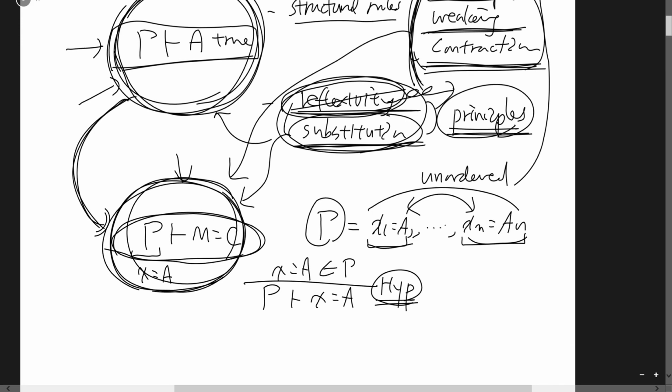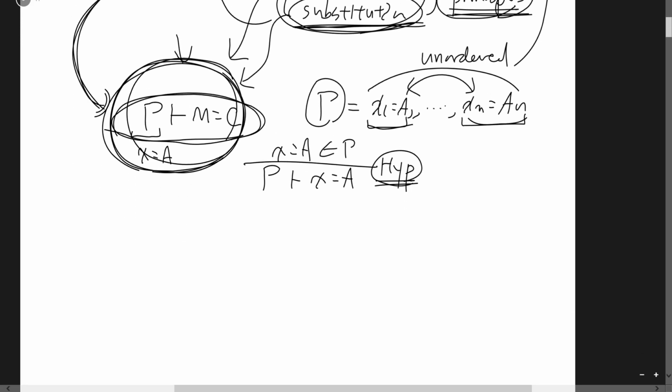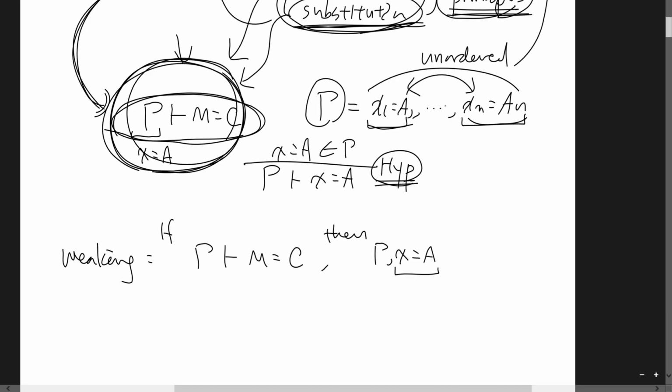So for weakening and contraction, we can state them as follows. Weakening: under typing context gamma, M has a type A. Then we can weaken the whole statement by adding an extra type binding here, let's say this is C, we add an extra type binding here, and still we should be able to show that this proof term M has a type A. And this is weakening because the whole statement here is weaker than this one.